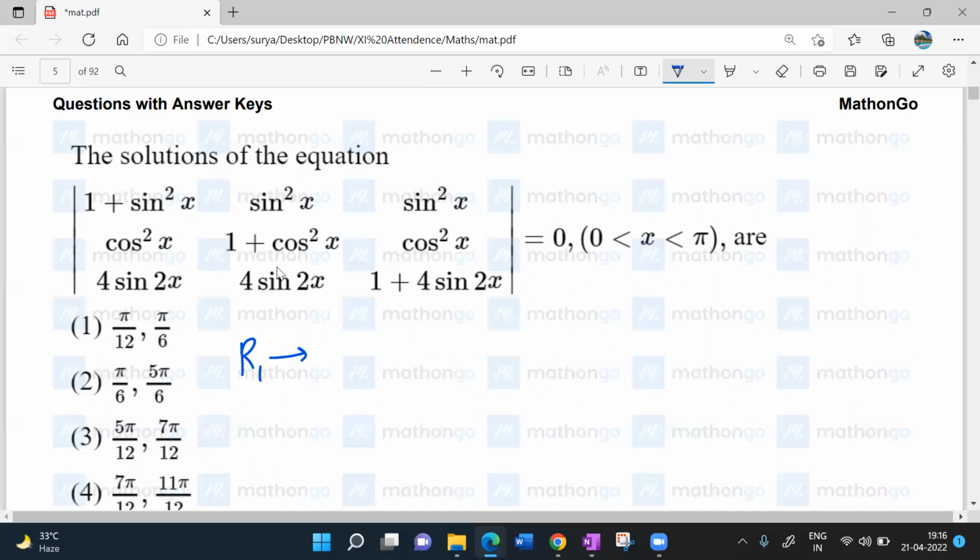R1 changes as R1 plus R2 plus R3. So what does R1 become?